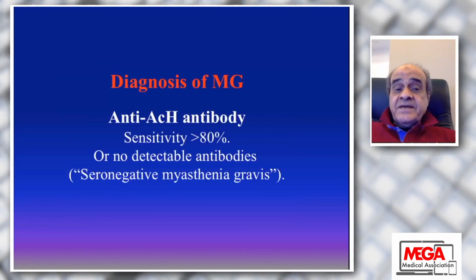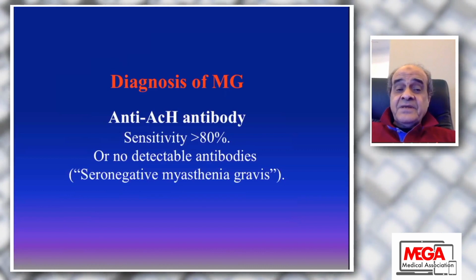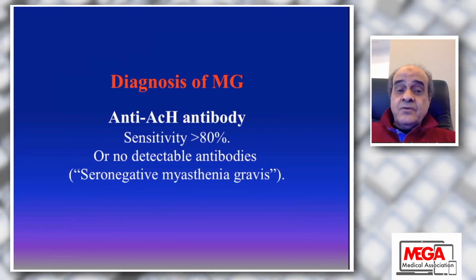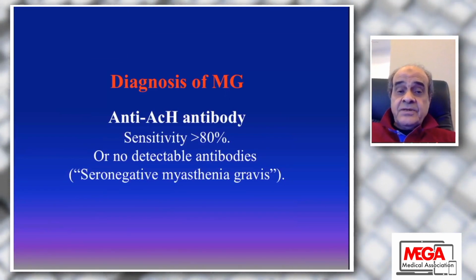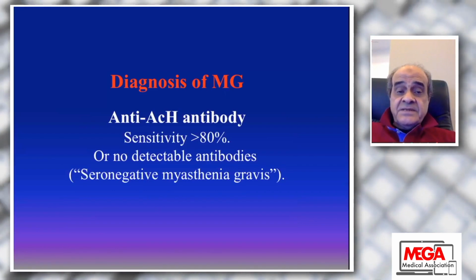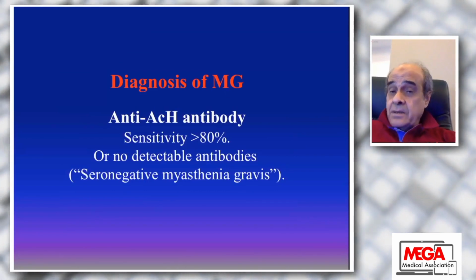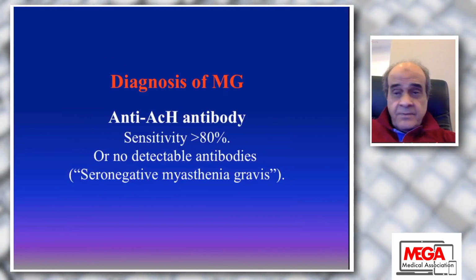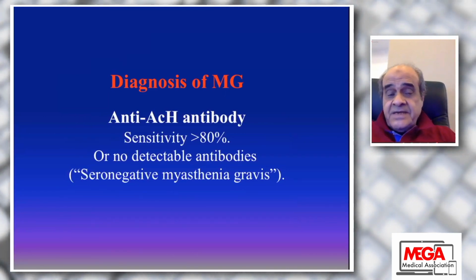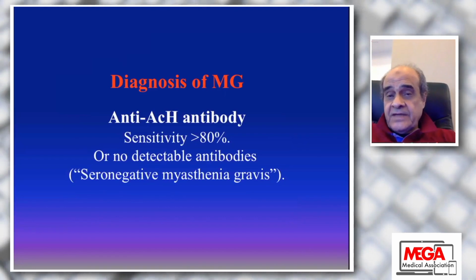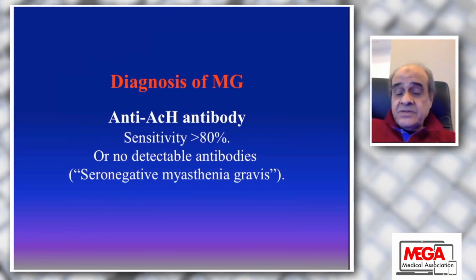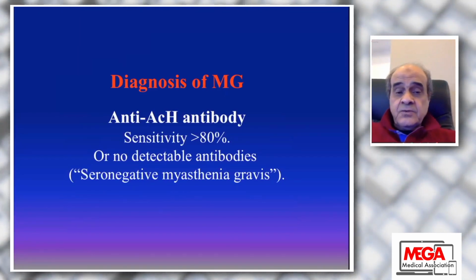For diagnosis of myasthenia gravis, we can check the anti-acetylcholine receptor antibody, sensitivity 80%, or if no detectable antibody, seronegative myasthenia can be diagnosed. In some patients we can't find the anti-acetylcholine antibody, but the diagnosis is seronegative myasthenia gravis.